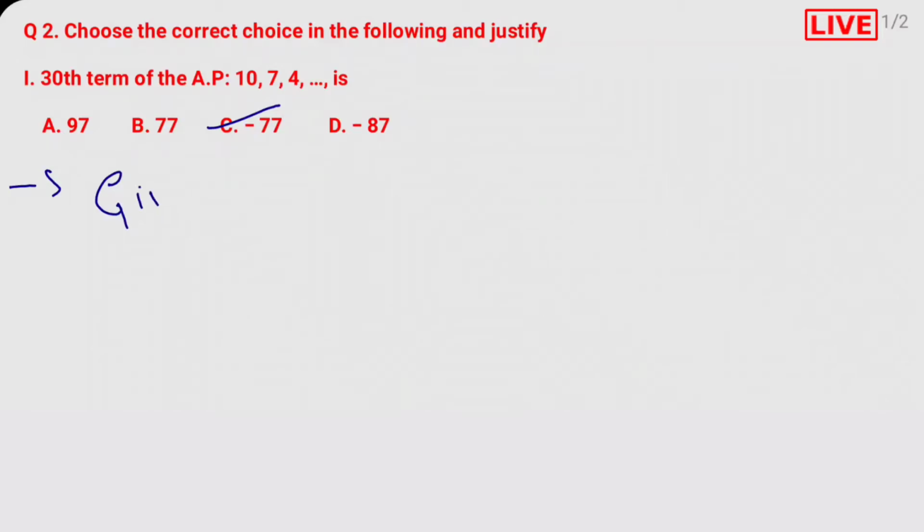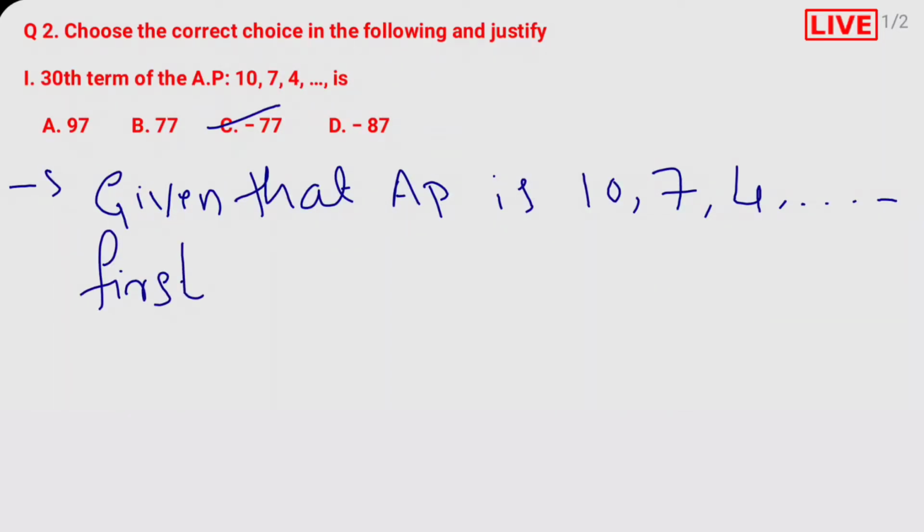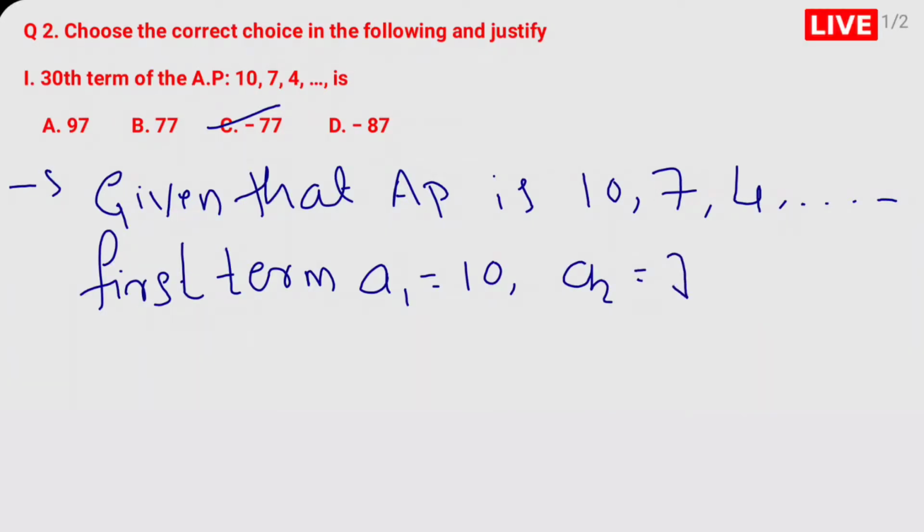Given that the AP is 10, 7, 4 and so on. So here the first term A1 is 10 and A2 is 7 and A3 is 4.